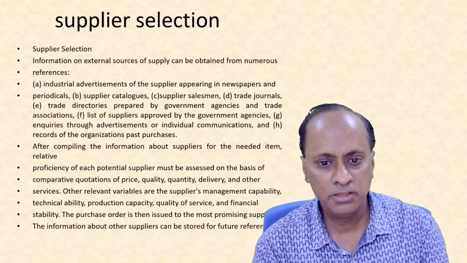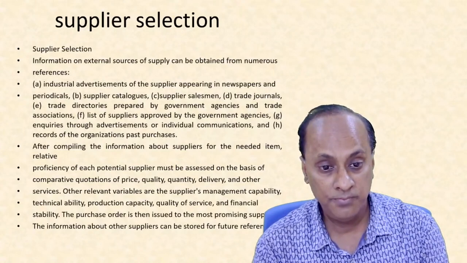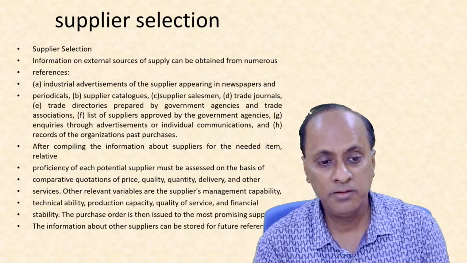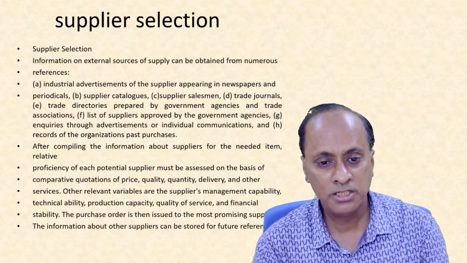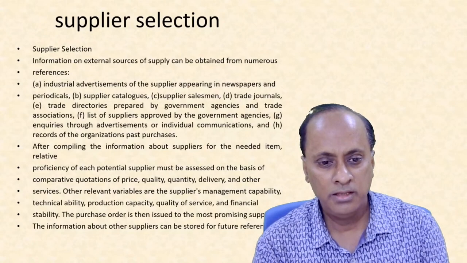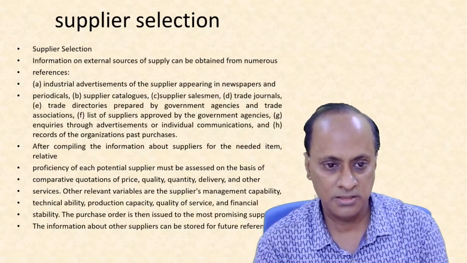Other relevant variables are the supplier's management capability, technical ability, production capacity, quality of service, and financial stability. A purchase order is then issued to the most promising suppliers, and the information about other suppliers can be stored for further reference.